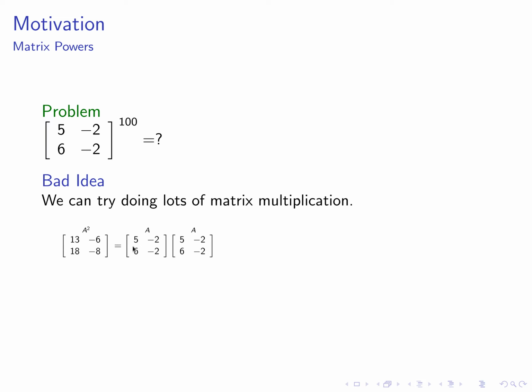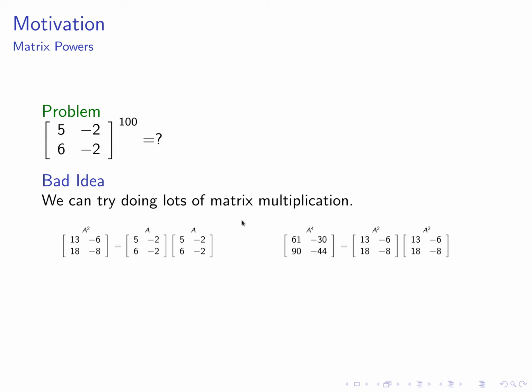When we do the arithmetic, we end up with the matrix whose columns are 13, 18, -6, -8. Keep in mind that it's evident from this very first step that even to square this original matrix, we're not simply squaring the individual entries inside the matrix. So we took A, multiplied by itself, and found A squared.